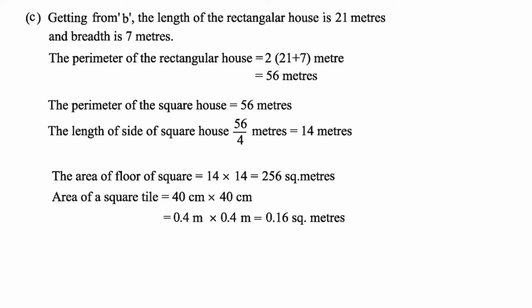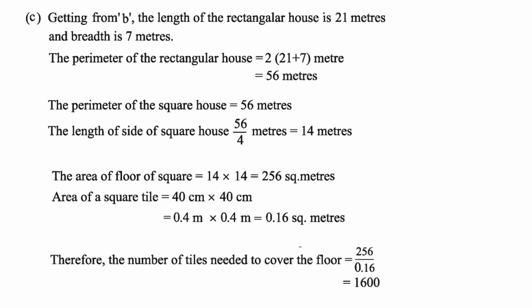Okay, so the area of a square tile is 40 centimeter times 40 centimeter, and it is 0.4 times 0.4. It's actually 0.16 square meter. Okay, now as you can see, the number of tiles needed to cover the floor is 256 over 0.16. It is 1600. I think there is actually a flaw over there.